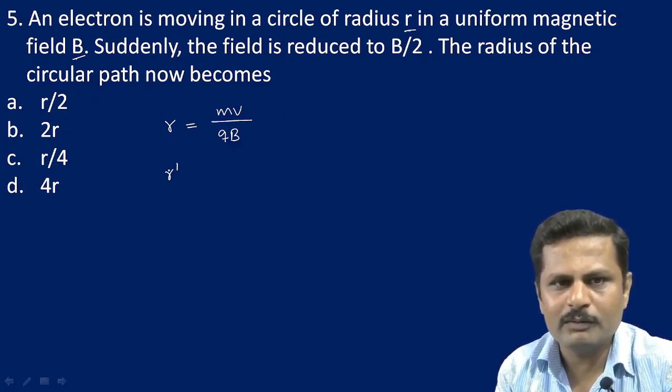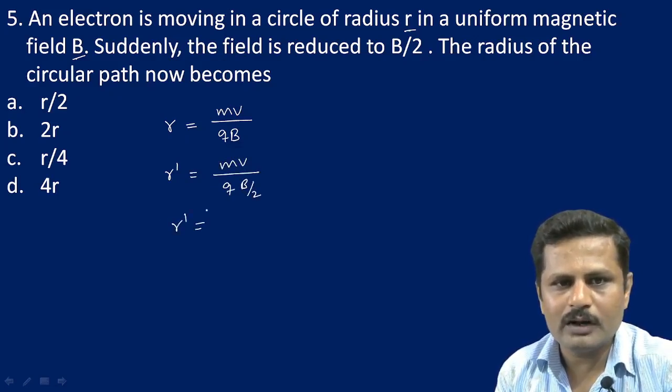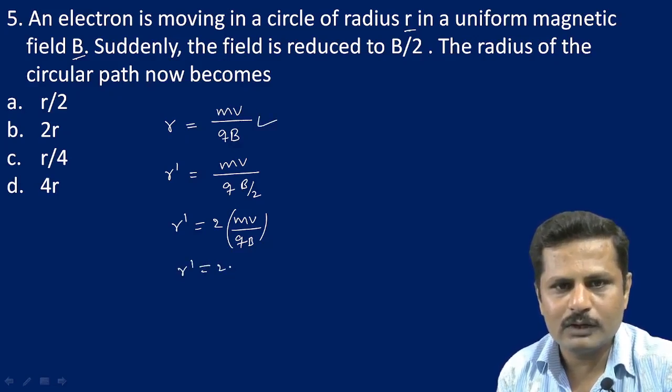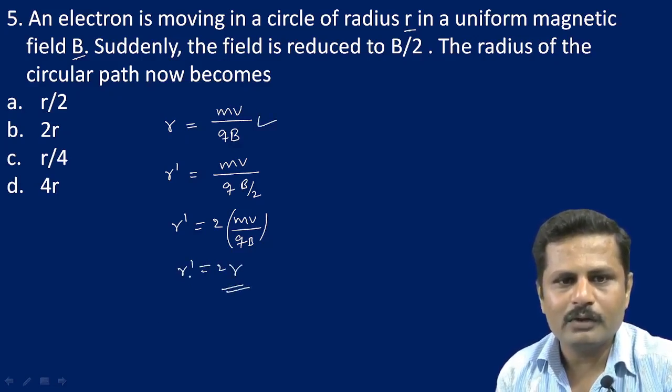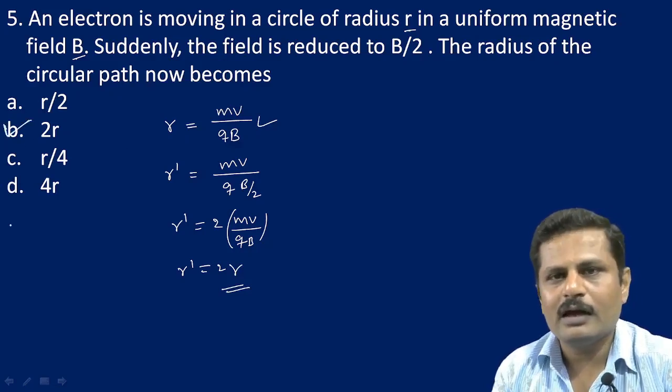Let me consider the radius becomes r dash when B becomes B by 2. So r dash equals 2 mv divided by qB. We already know that mv divided by qB is equal to r, so r dash is equal to 2r. So option B is the right answer.